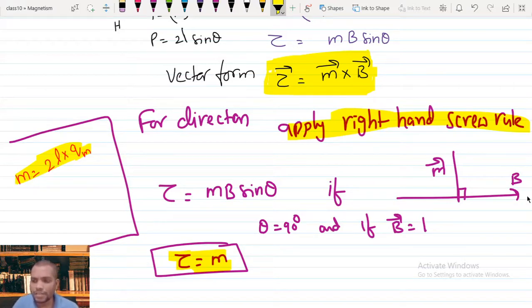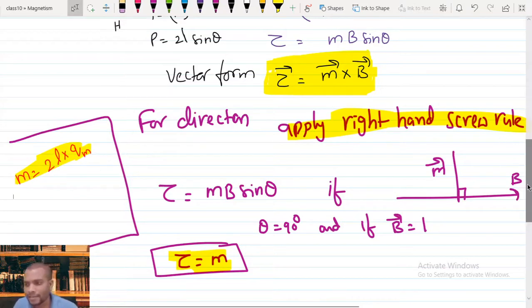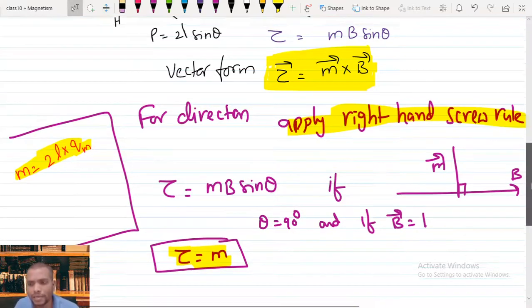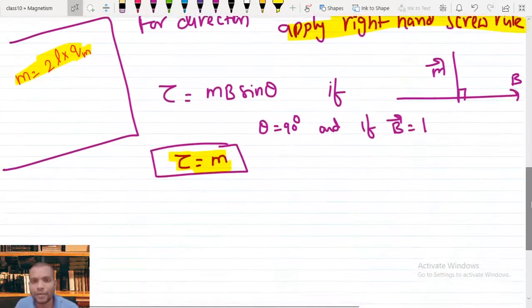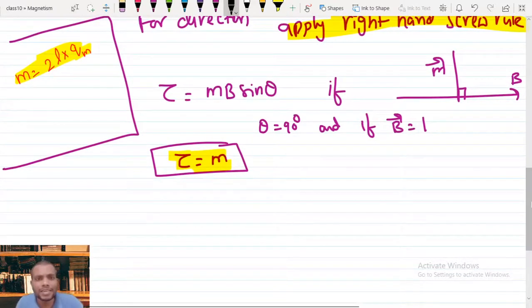Or from here you can define magnetic moment in another way. This definition says that the magnetic dipole moment may be defined as the torque acting on a magnetic dipole placed perpendicular to a uniform magnetic field of unit strength.